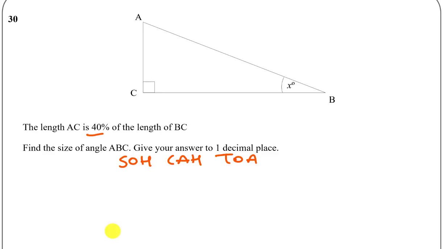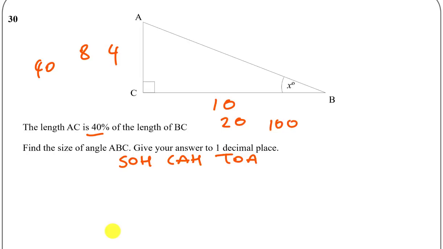If AC is 4, BC is going to be 10, because 40% of 10 is 4. You could use other values as well. We can say if AC is 8, BC is going to be 20. If AC is, say, a different number, 40, we can say BC is going to be 100.